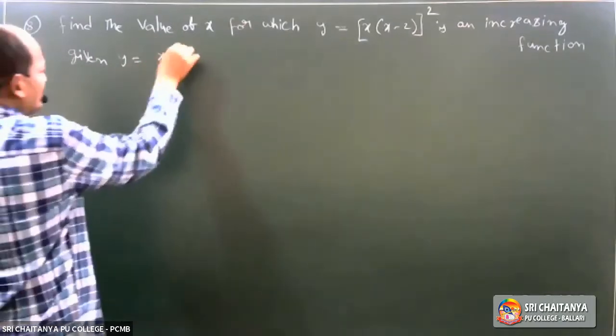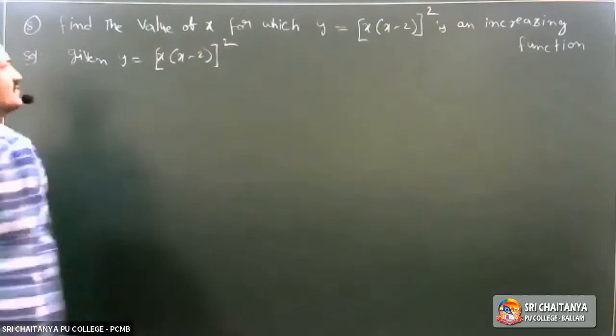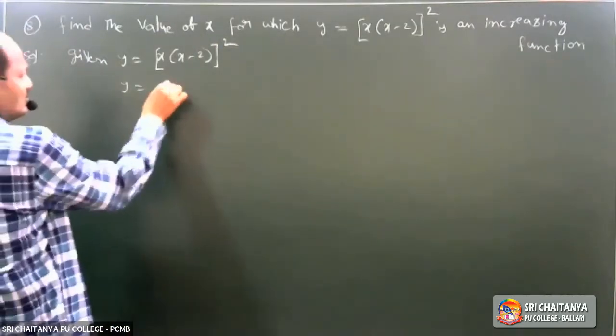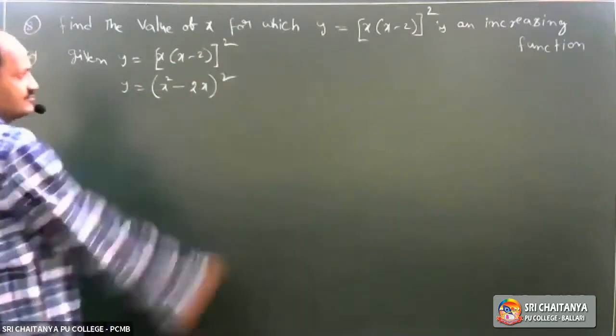Given y is equal to x into (x minus 2) whole square. It is y is equal to (x square minus 2x) whole square.